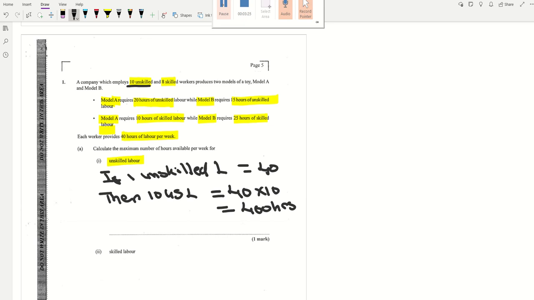So that's the answer for this. Because it's 10 unskilled, there will be 400 hours in total, right?